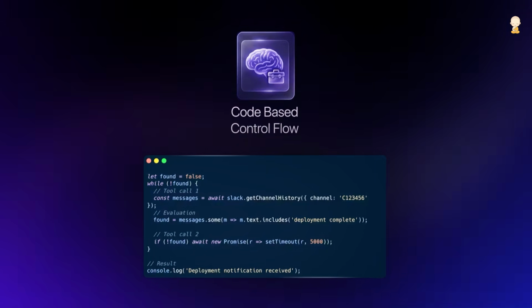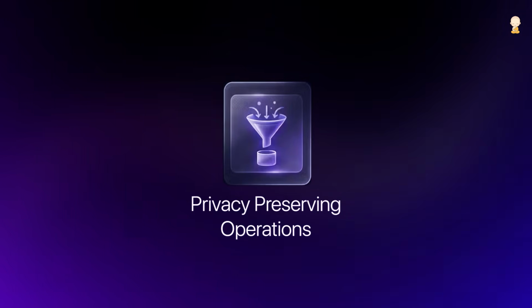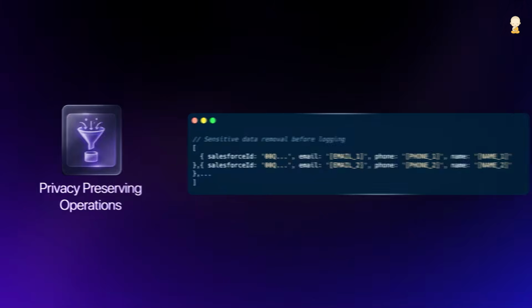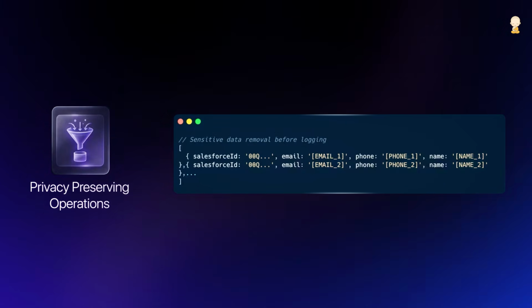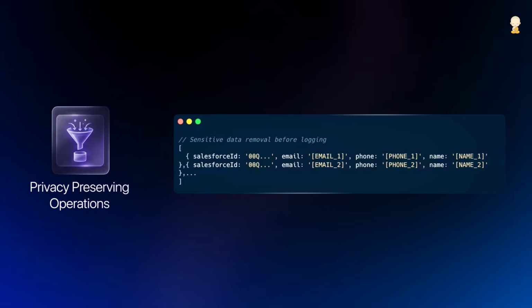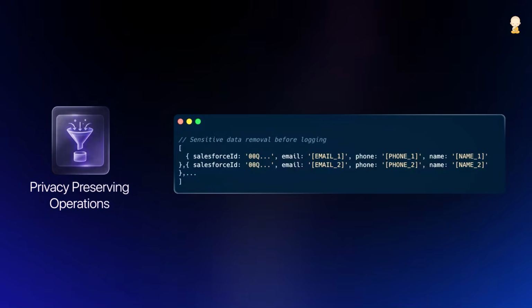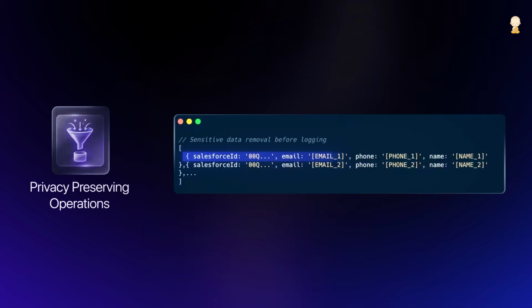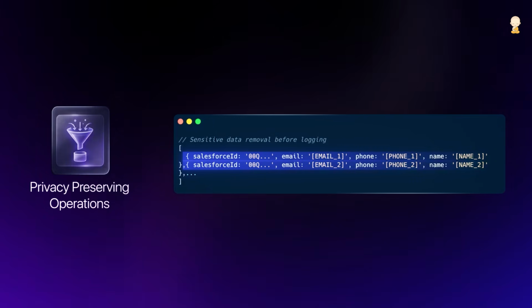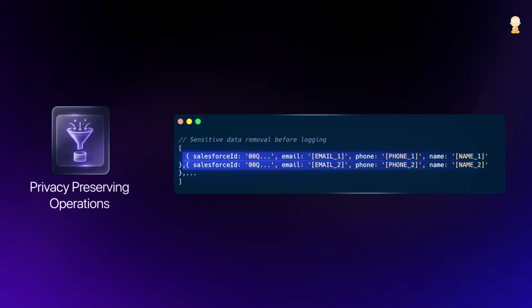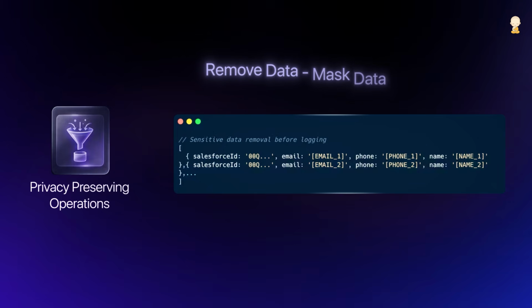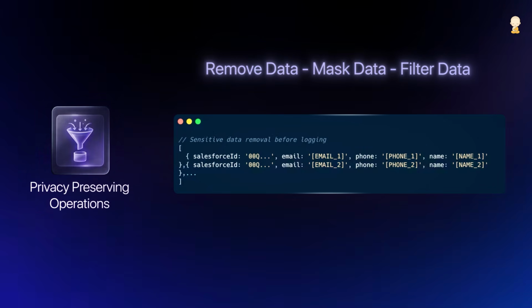We also have higher privacy preserving operations. When agents use code execution with MCP, all the intermediate results and sensitive data stay in the code execution environment by default. This way, the agent only sees what you explicitly log or return. And therefore, if you want, you can either not provide the data, mask the data, or only give non-sensitive data in response.